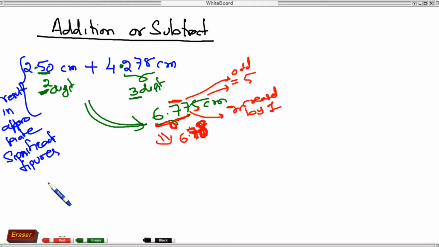Now let's look at the subtraction also. 187.2 kg minus 63.54 kg.